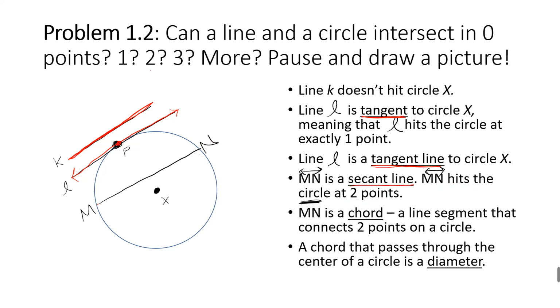Okay, so we can call the line segment MN. Notice this is not the line with the arrows on the end, just a line segment. MN is called a chord. A chord is a line segment that connects 2 points on a circle. A chord that passes through the center of a circle is a diameter.